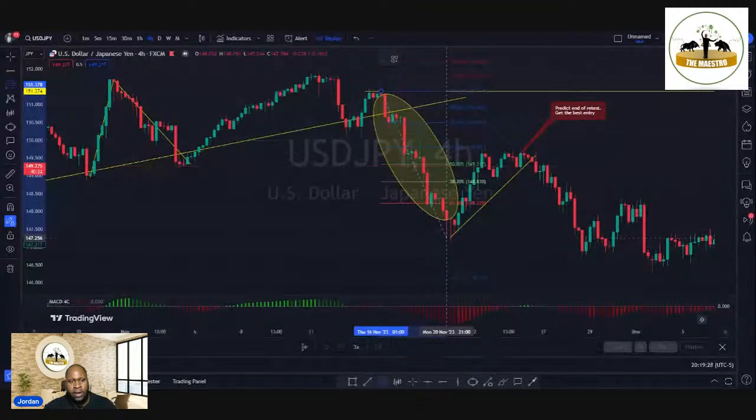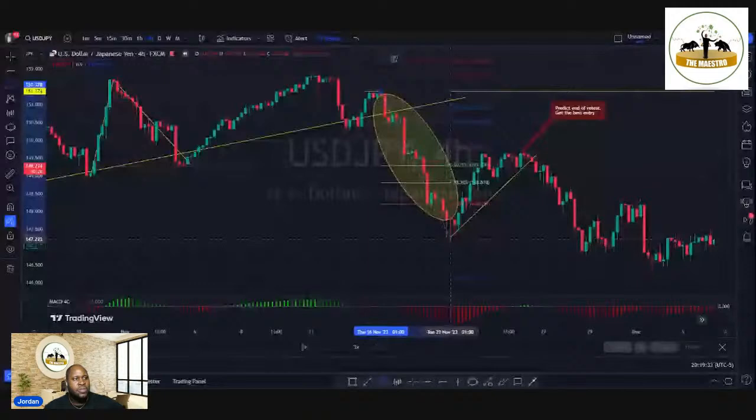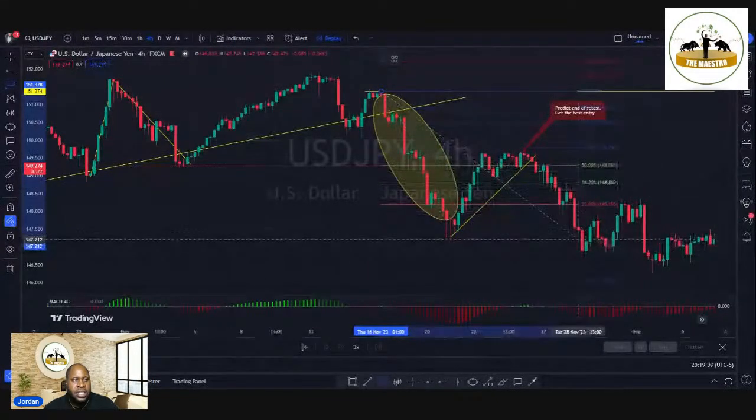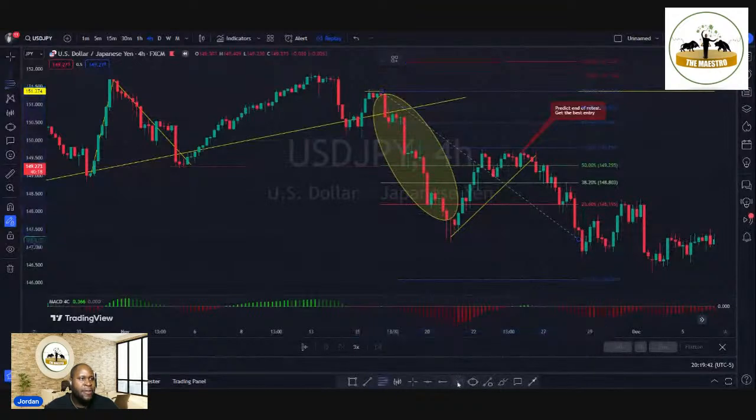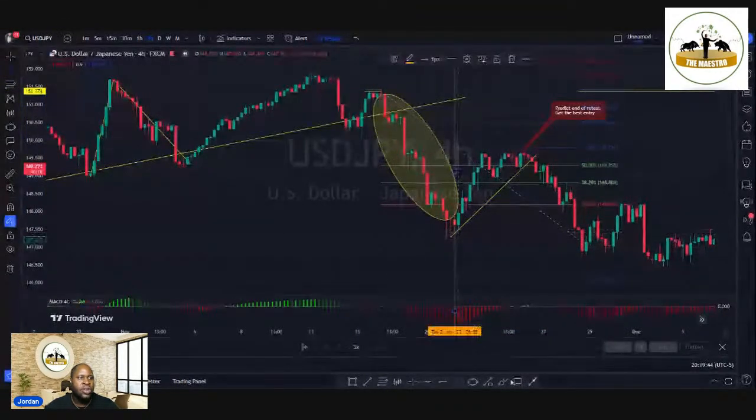So, plotting Fibonacci from the highest point of that impulsive move to the lowest point. And obviously, you can only do this after you're already seeing that the market is starting to reverse. The market can't be over here and you're trying to plot Fibonacci. It has to be clear that the market is reversing.